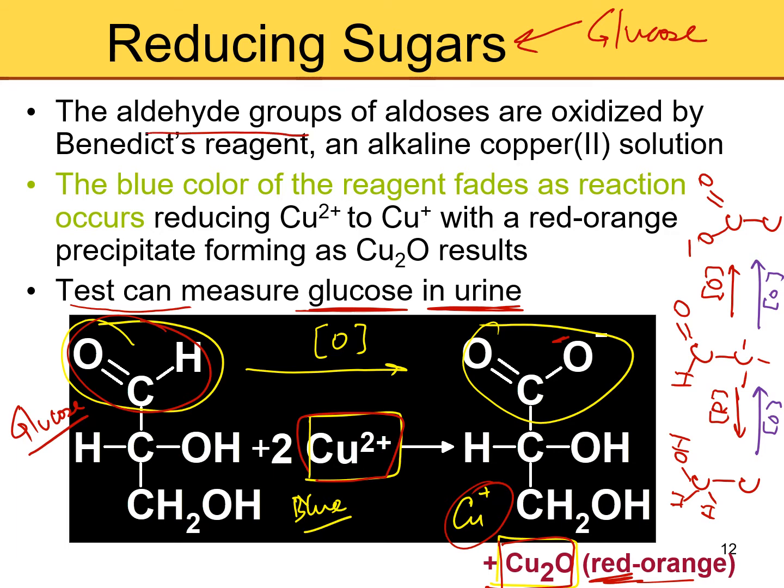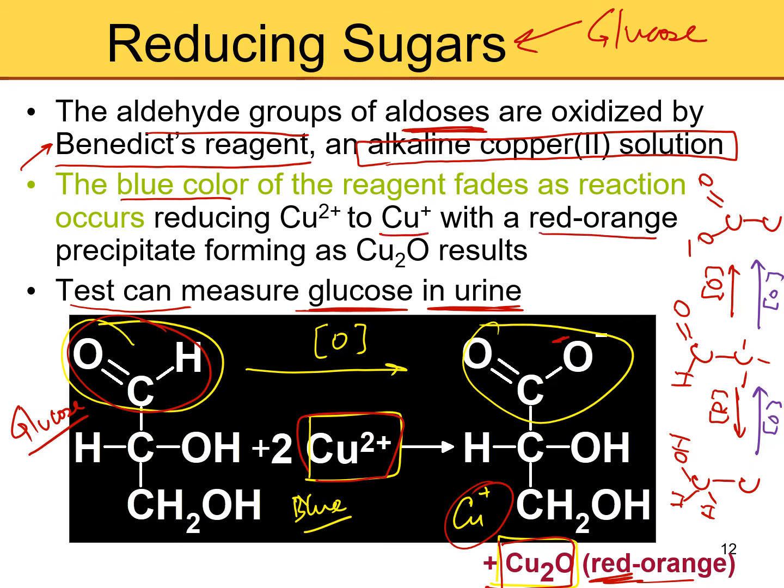So the aldehyde groups of aldoses, all aldoses are oxidized by a reagent which is called Benedict's reagent, which is basically an alkaline copper 2 solution. So the word Benedict, please remember that, is basically an alkaline copper 2 solution. And as the reaction proceeds, the blue color of the reagent fades, leading to copper 1, which is a red orange precipitate, right?